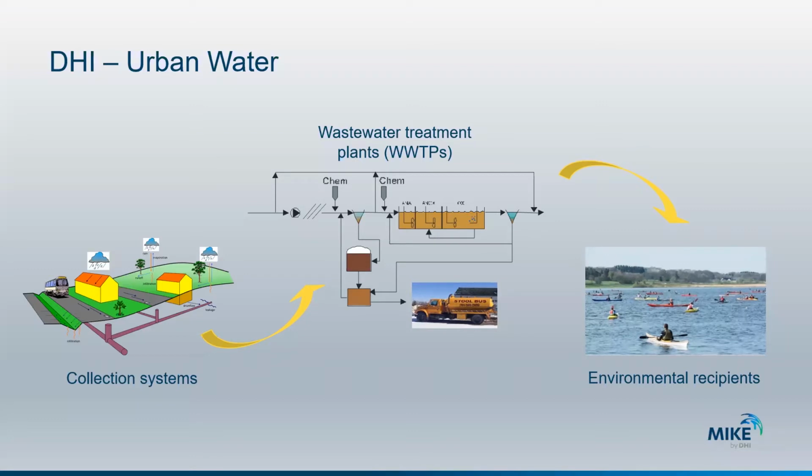The effluent from the plant is then modeled in the receiving water body, such as a river, lake, ocean, or wetland. The integrated modeling approach helps the utility with flow forecasting, reductions in sanitary or combined sewer overflows, treatment process optimization, energy reduction, and water quality in the receiving water.